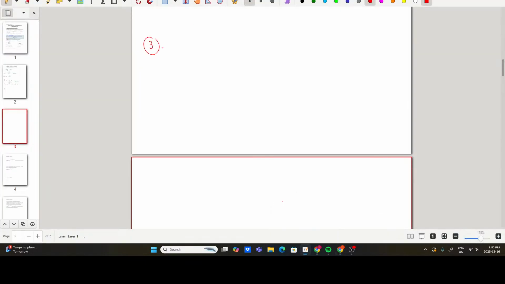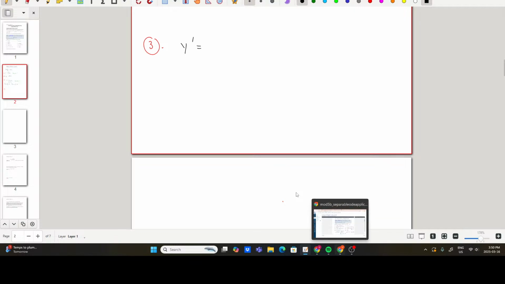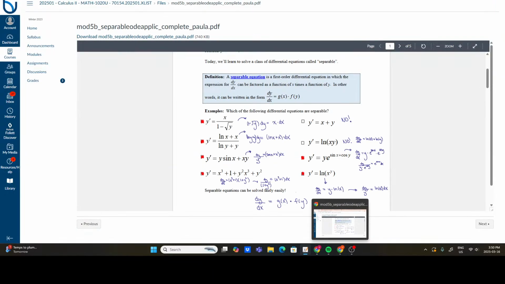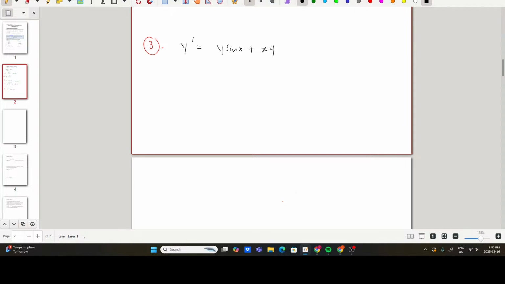So let's say we had something in this form: y prime equals y sine x plus xy. If I took this as one term, could I factor it out?